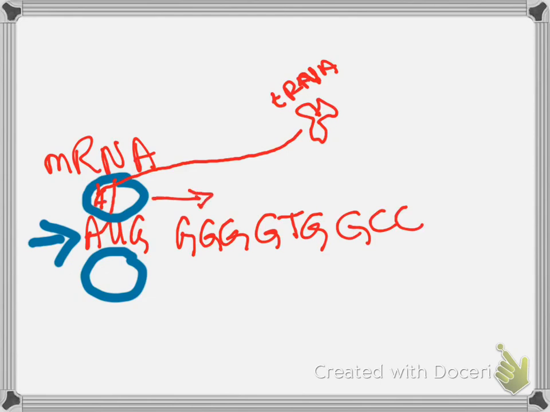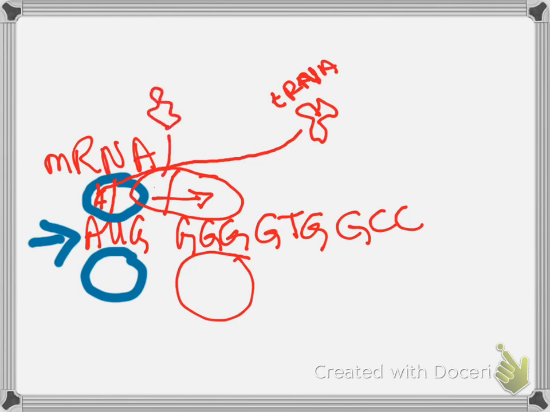The ribosome is then going to move down to the next triplet codon. The A site is going to move and be over here now with your methionine there. And what was the A site becomes the P site.